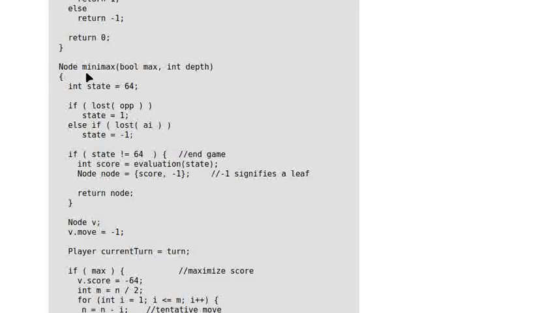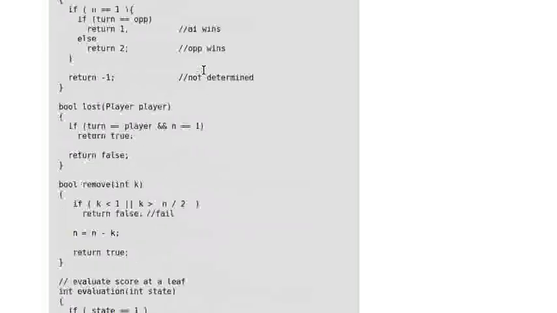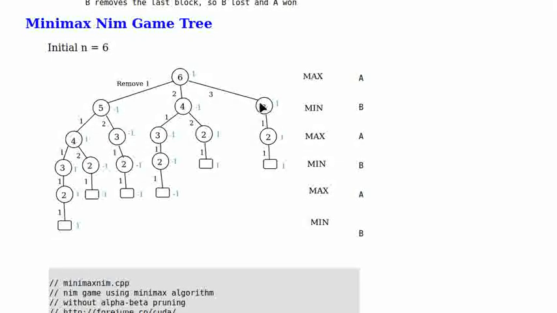Now here's the core part of the Minimax algorithm. This variable max tells whether it is the maximizer's turn or the minimizer's turn. If it is true, then it's the maximizer. Otherwise, it's the minimizer. And the depth is the level of the node being evaluated. It starts from the root with depth 0, and then 1, 2, and so on.